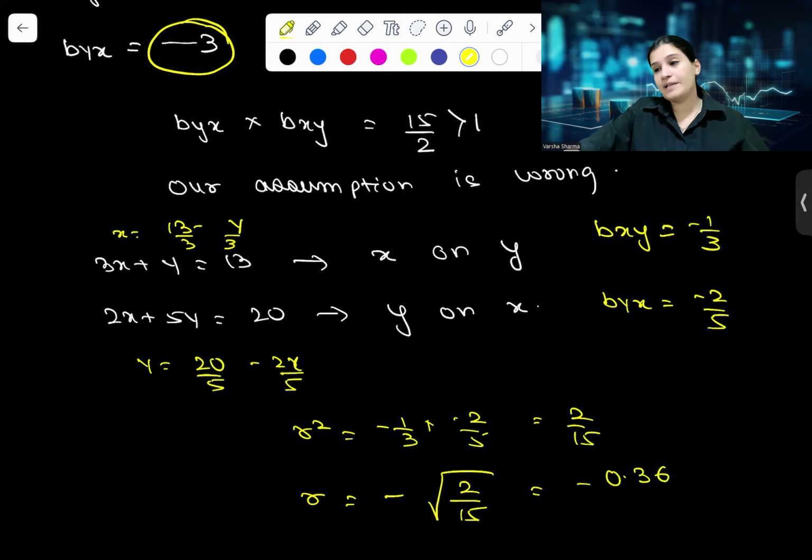R, byx and bxy are all of the same sign. Since both of them were negative, r will also be negative. Yes? Guys, understood? Yes, ma'am.